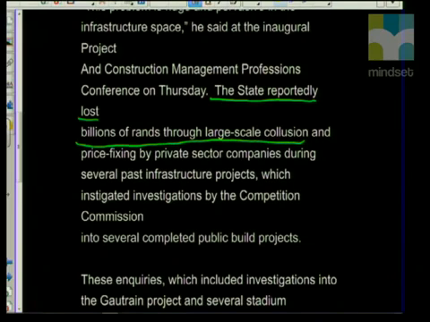Now, the repercussion of the state losing money through this large-scale collusion is that if they don't get the taxes that they are supposed to get during the process of production, they will also not have money available to support social grants, for instance.